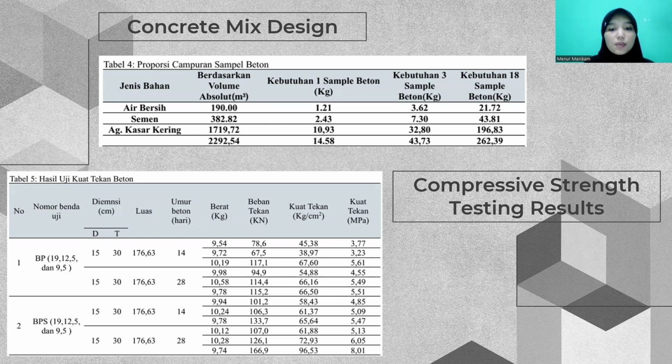There are two types of concrete mixes made: with variations in coarse aggregate size, 19 millimeter, 12.5 millimeter, and 9.5 millimeter, and concrete with superplasticizer added materials.